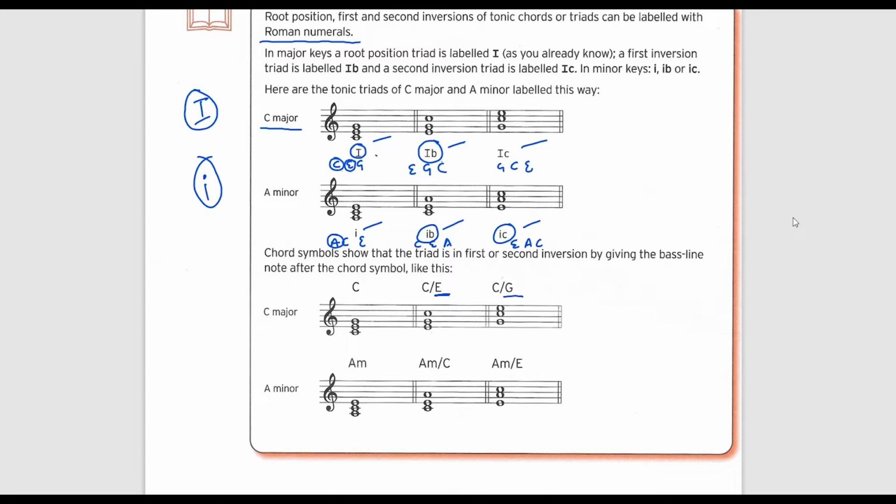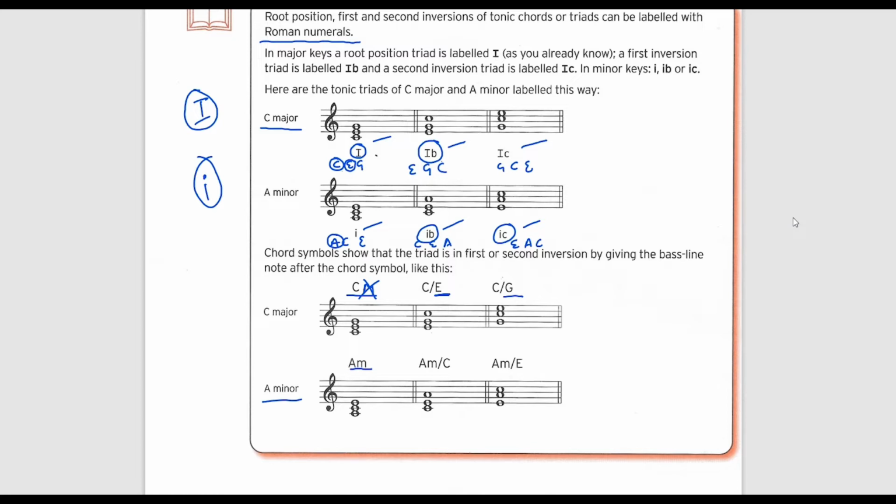Now in the minor, remember you will write m so that it shows it's a minor chord. For the major you don't need to write m. We only write m with the minor one. You can see this A minor chord, so A minor because that is the root note as well as the chord. This is the first inversion.